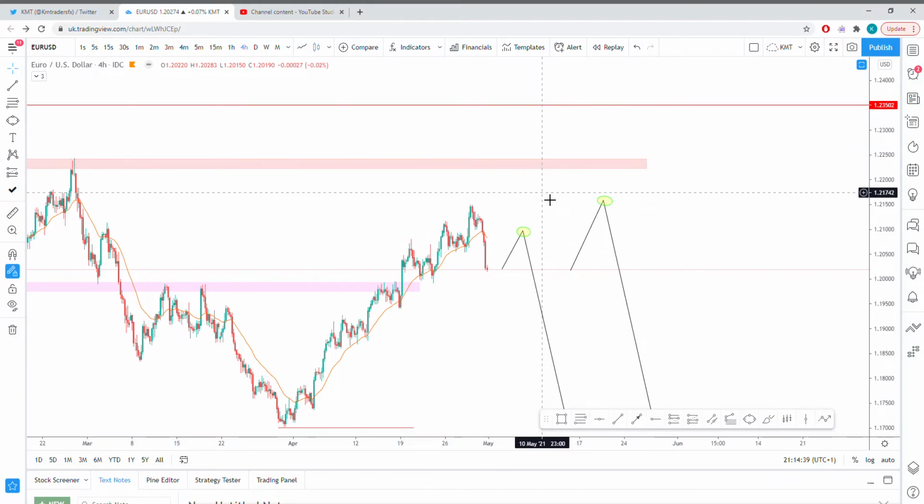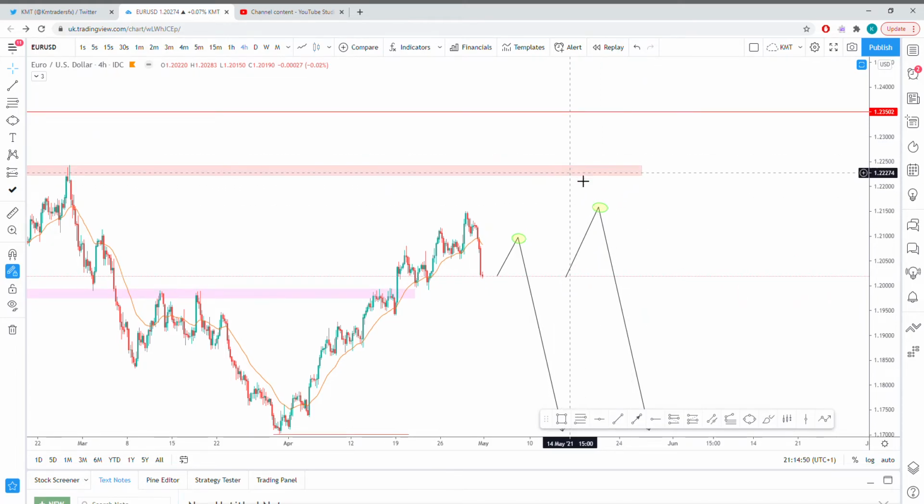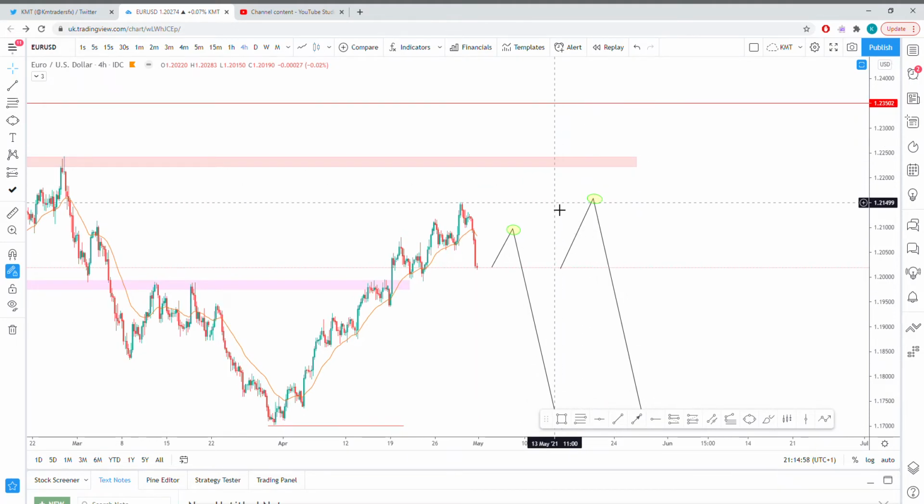So at 1.225 or at 1.235, the last level is this one here. This one could be your intermediate one. Again, this is much riskier, I think. If we do break this one, I feel like if we make a break towards the upside here, it would definitely mean we're going to be a bit more bullish.